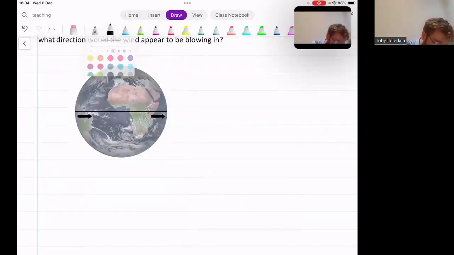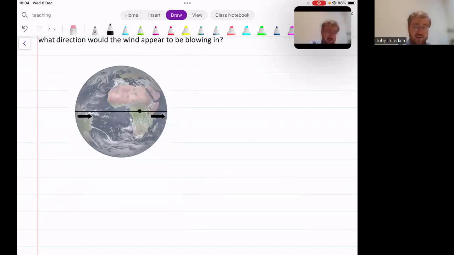If you're at the equator, in order for the wind to be blowing directly north, it has to be traveling along the surface of the Earth.